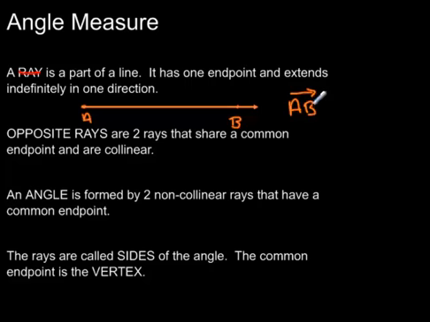Notice the facing of the arrow. Always the arrow will face to the right, and we'll always read it as we would state it. The endpoint is always that first letter. So if we were to have a ray that started here and went up, let's use the ruler tool.